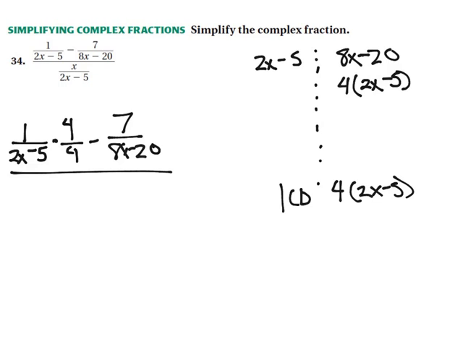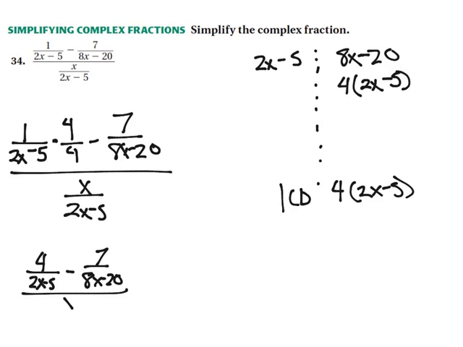All over, and the bottom doesn't need simplified. We're left then with 2x minus 5, minus 7, 8x minus 20, all over x, 2x minus 5.